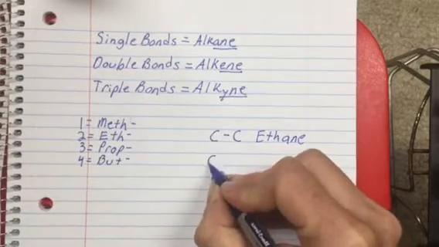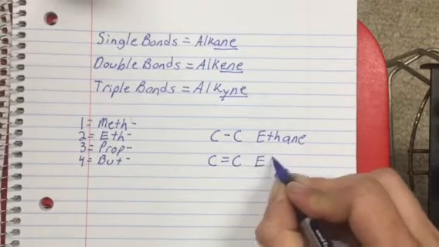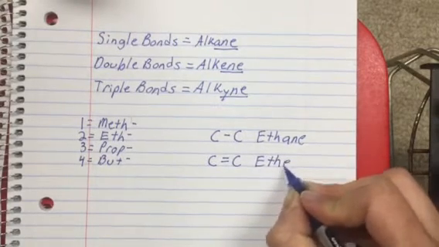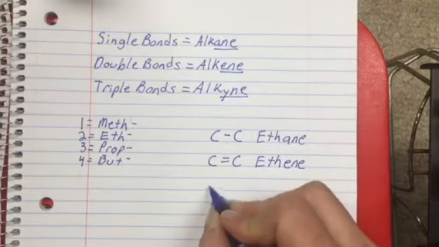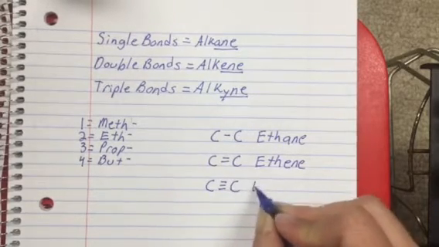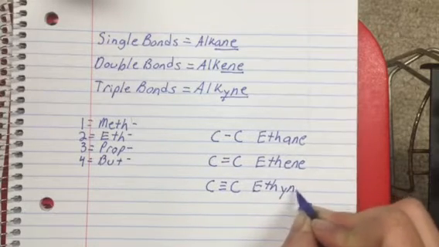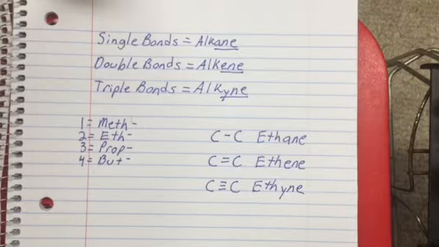And a compound that looks like this is ethene. And one that looks like this is ethyne. Okay, so your assignment today is to go through and make all the names and then find the molecular formulas for these.